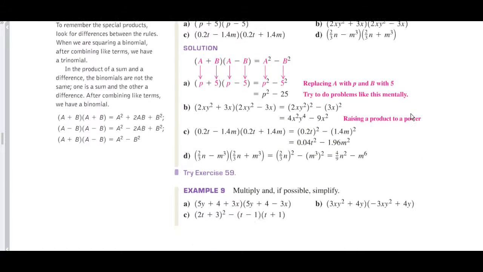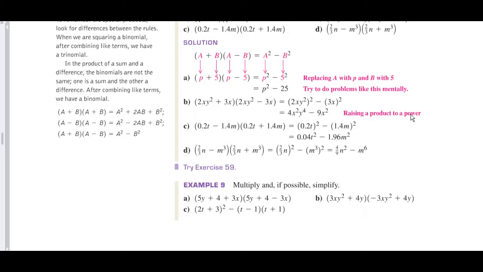And they give you some examples here. So here I would set this up vertically. Set this up vertically as well, or you could FOIL. Actually, these are conjugates if you arrange them a little differently. And this one you would have to FOIL. These are conjugates.